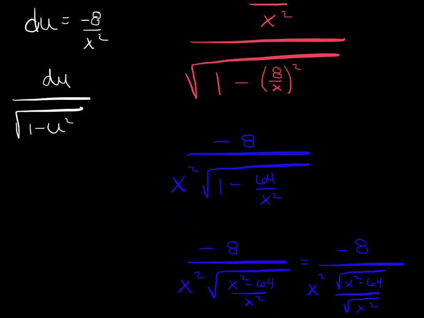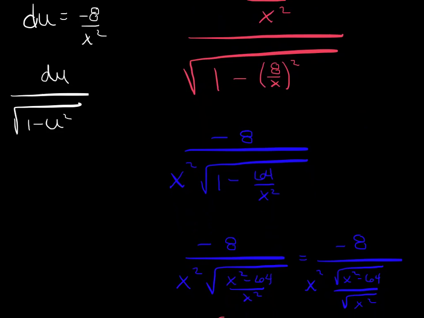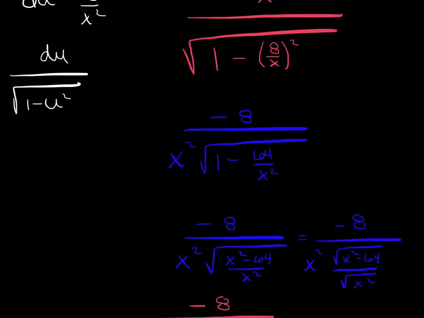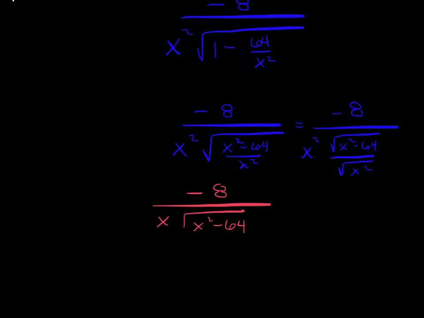I just multiplied the top and bottom by x squared. And I squared this fraction in here. If I keep going, you'll see that I then got a common denominator. So this is x squared over x squared. So x squared minus 64 over x squared. And again, I'm just separating my radicals. And this bottom radical turned into an x, which canceled with one of those. And there you have it, final answer.